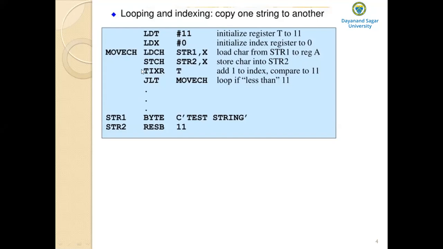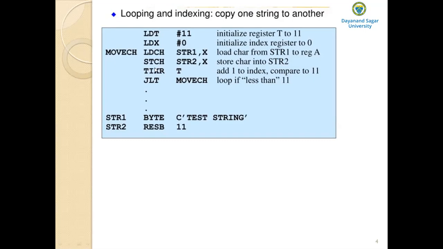Instead of using COMP now, we will make use of another instruction called TIXR. In the standard version of SIC it is TIX; in SIC/XE it is TIXR, because we are comparing with a register. It performs two functions.